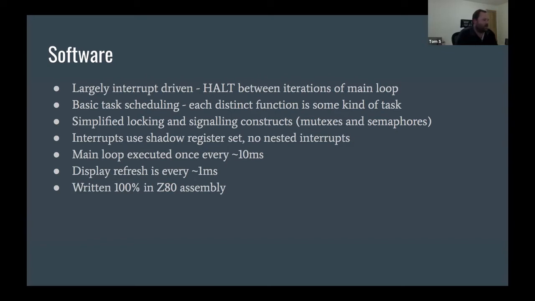The display refresh, which happens once every millisecond, is actually implemented entirely within the ISR. So when that interrupt fires, that code runs directly via the ISR. It doesn't schedule a task or anything.